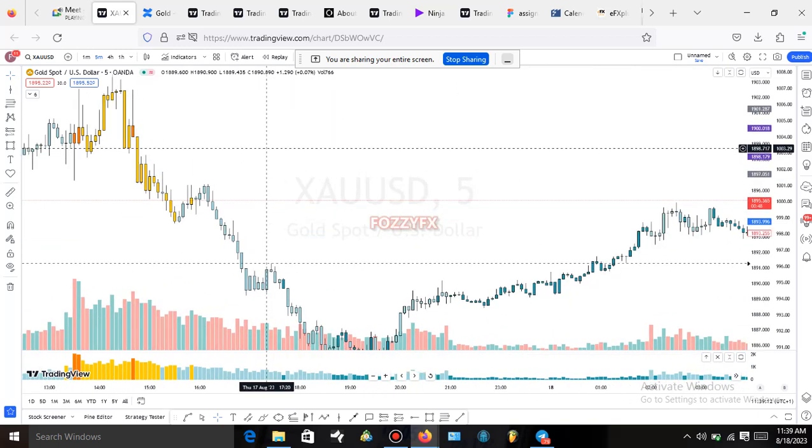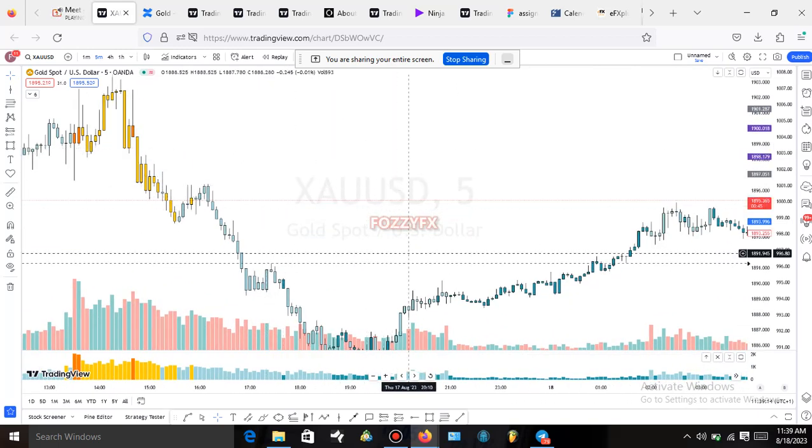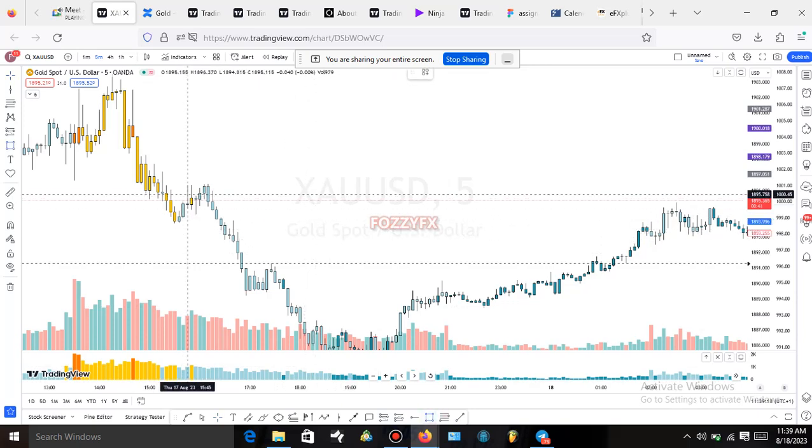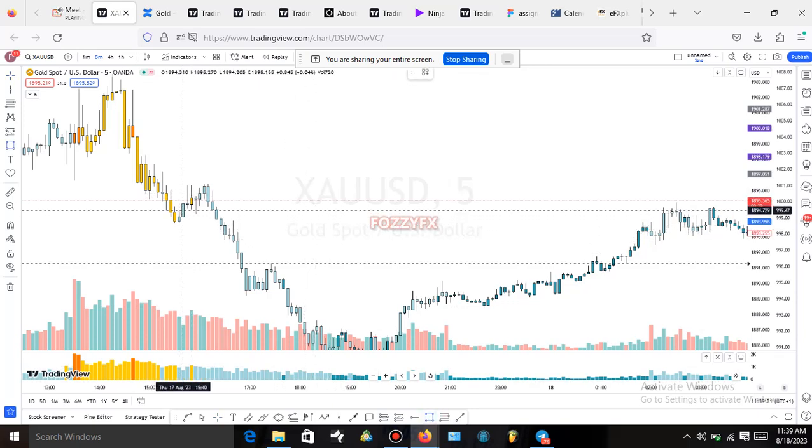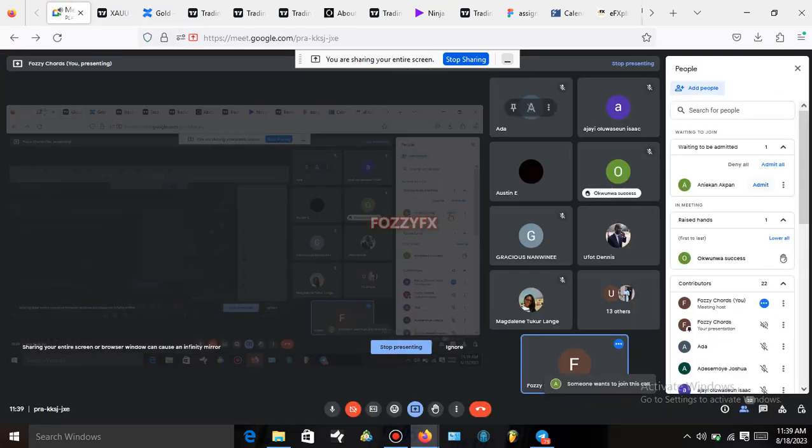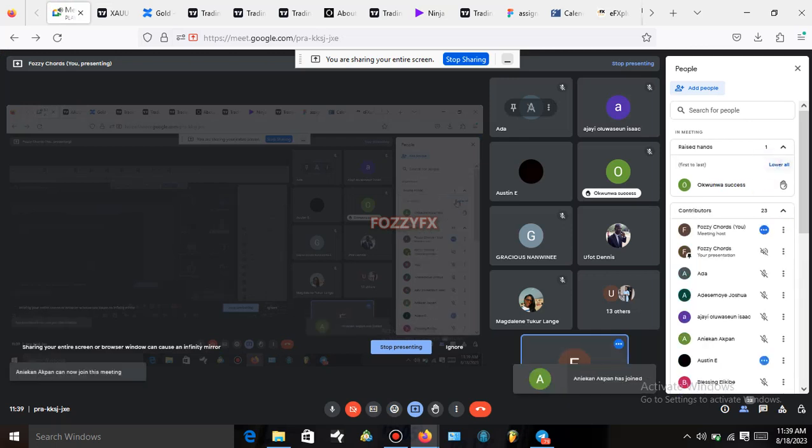Let's see if price is trading into it. Is it a guesswork, or is this today now? Is it a guesswork that we have this? You can see low volume, high volume inside. Oh, sorry, I'm trying to.